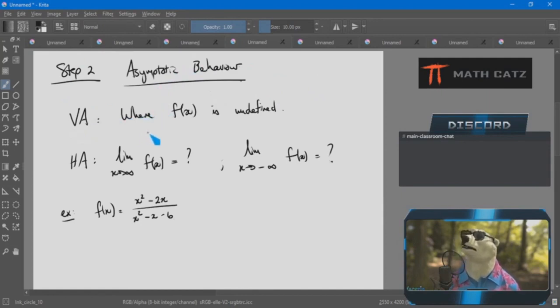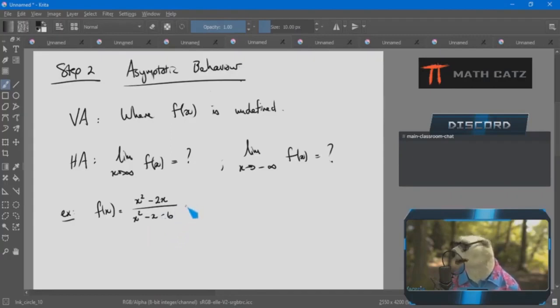Now, we're going to keep things fairly simple, and the vertical asymptotes are mainly going to be, roughly speaking, where the function is undefined. Now, in the case of a rational function, that is going to happen when the denominator equals 0.